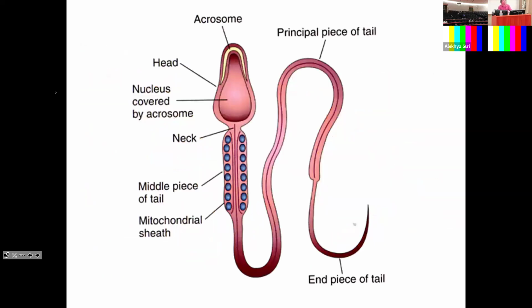So the sperm cell is very specialized. It doesn't look like a eukaryotic cell. It looks very different. Every part of the sperm is essential. However, the most important part for fertilization purposes is the genetic component, which is in the nucleus.